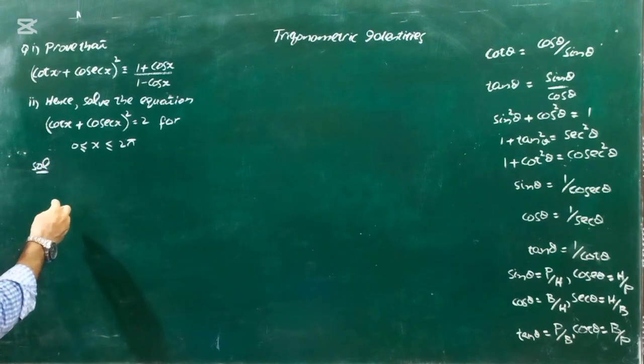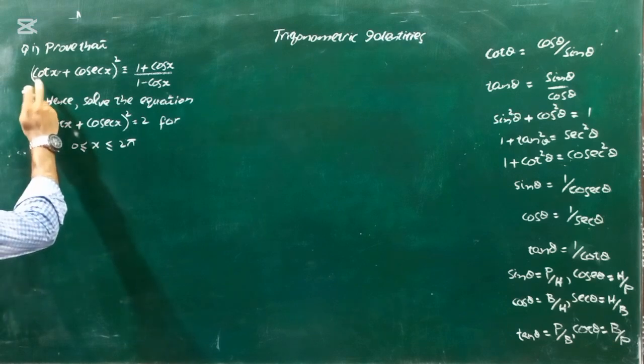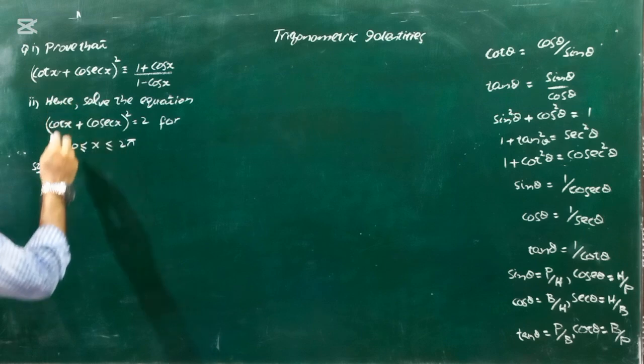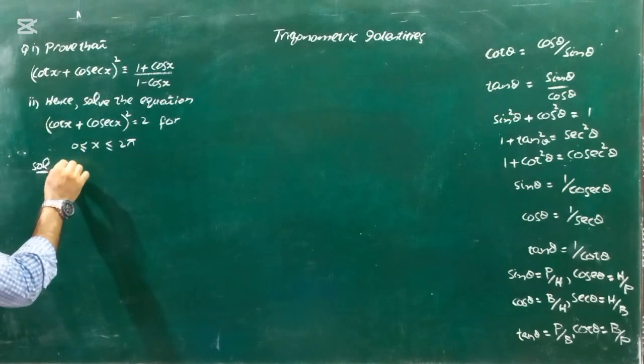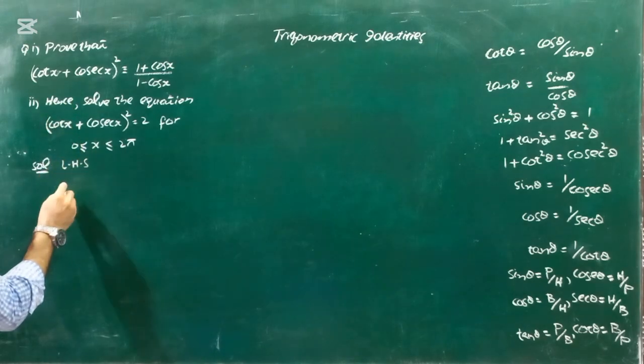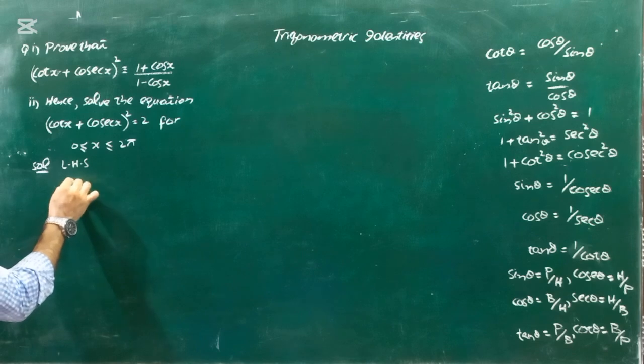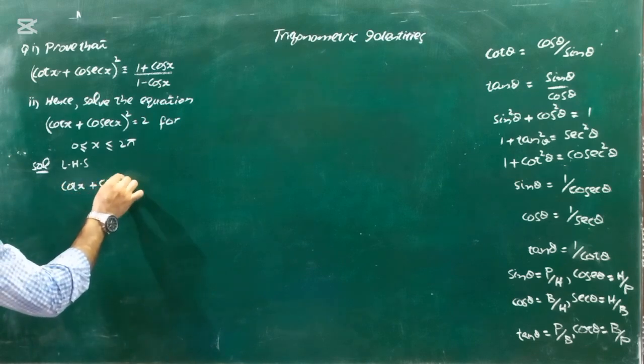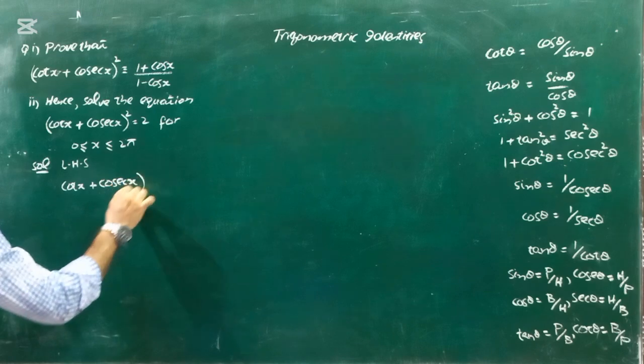Okay, here is the solution. So we are going to solve it now. Cot x and cosecant x are there. Okay, first take the left hand side, that is (cot x plus cosecant x) whole square.